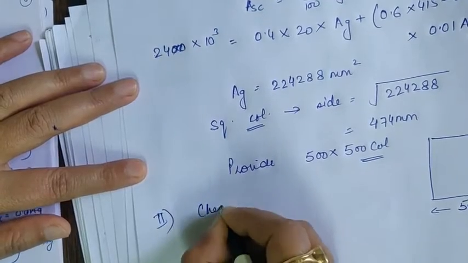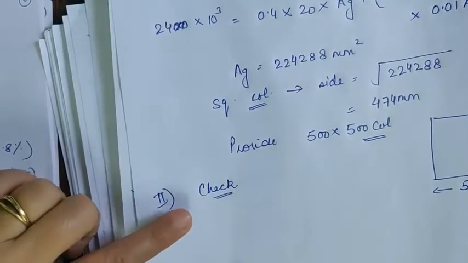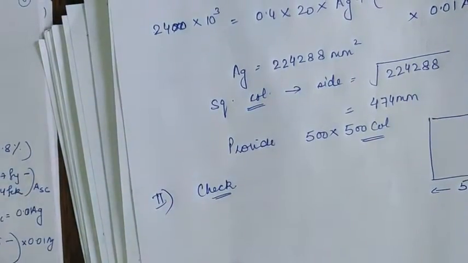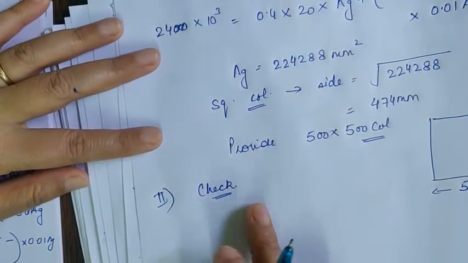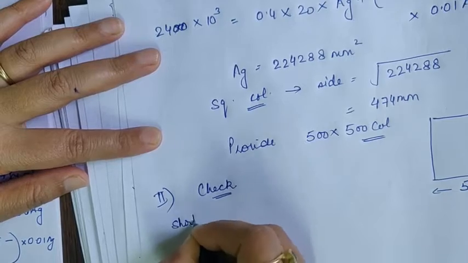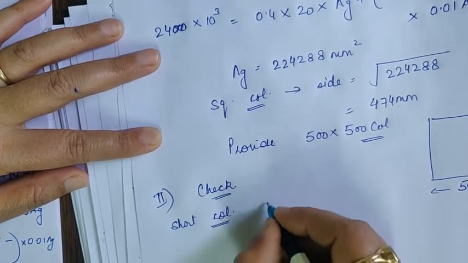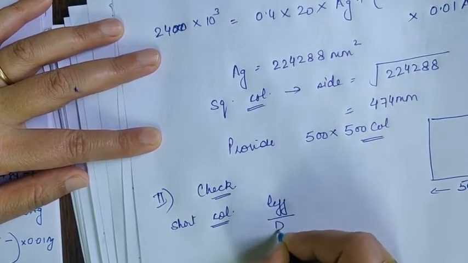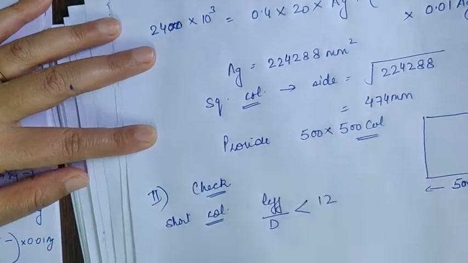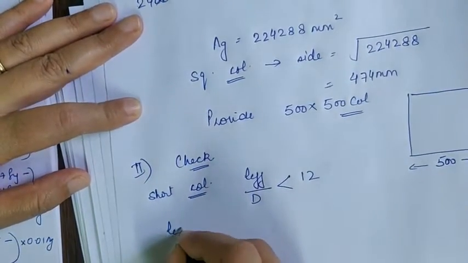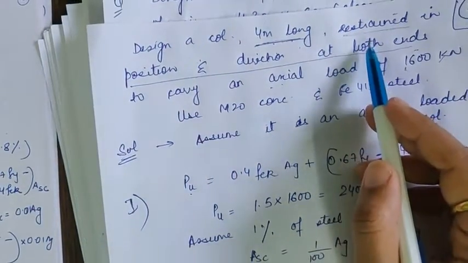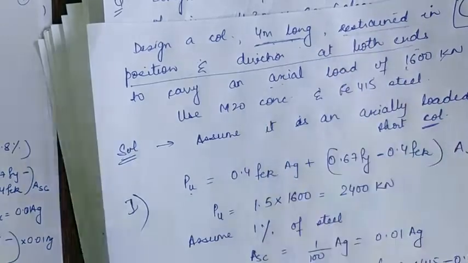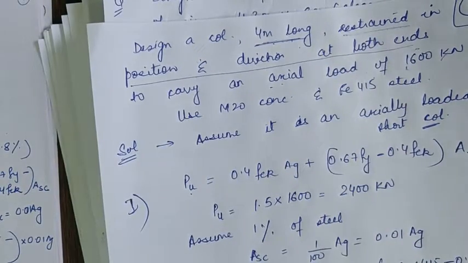My second step will be, I'll have to check whether it is really a short column and whether it is really an axially loaded column. Now for checking for short column, the check was L effective upon D has to be less than 12, where L effective will be based upon unsupported length and restraint conditions. So it is said that it is restrained in position and direction at both ends.